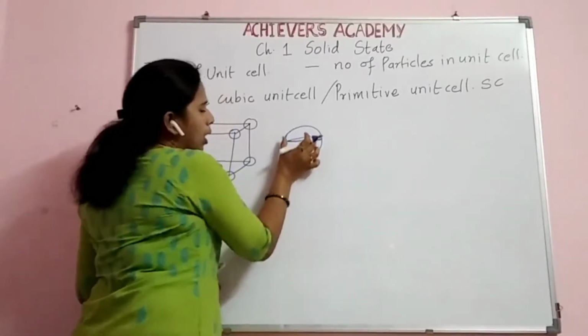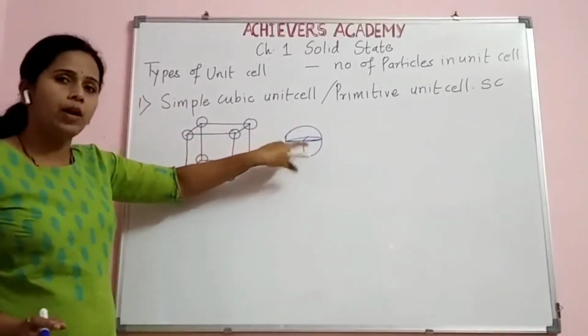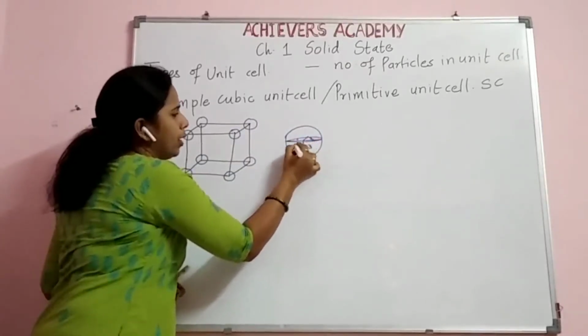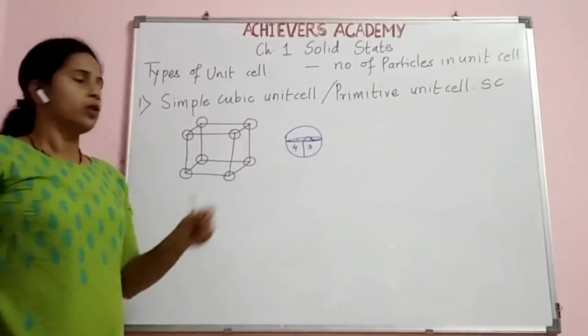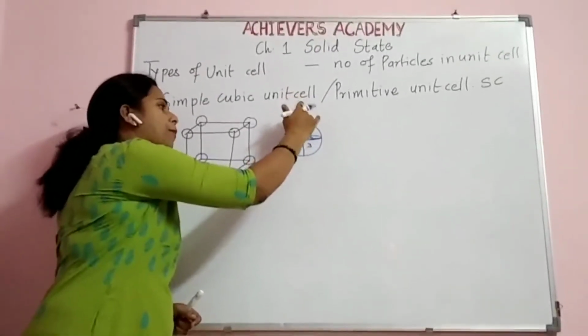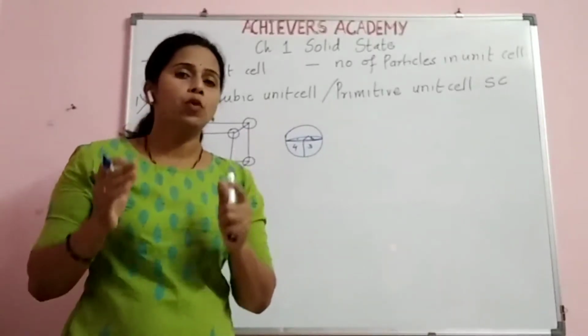So this is the half part of the sphere, and we have divided it into 1, 2, 3 and 4 parts. So this half part is divided into 4 parts, and the upper half part will also get divided into 4 parts. So 4 plus 4 is 8.